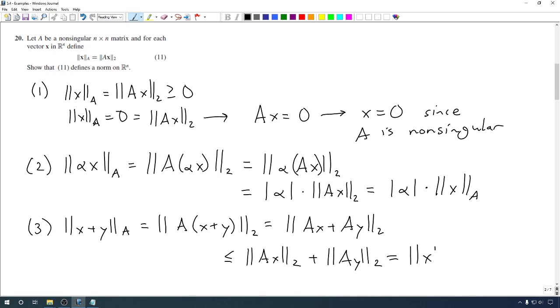So this is the A norm of x plus the A norm of y. And so this A norm of a sum is less than or equal to the sum of the A norms of x and y. And that's all we need to show. But we did need to have A be a non-singular matrix for this to work.